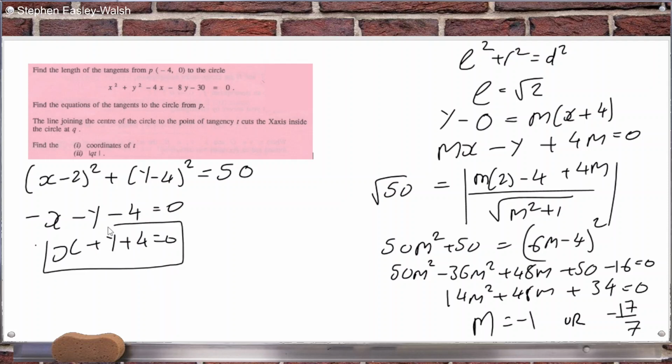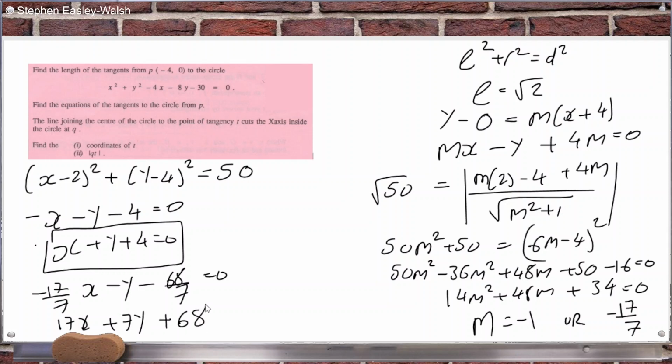And then the second one is minus 17 over 7 x minus y minus 17 times 4, which is 68, over 7. So if I multiply by minus 7, I get 17x plus 7y plus 68 equals 0. I guess that doesn't look too bad, but I'm definitely going to graph this later.